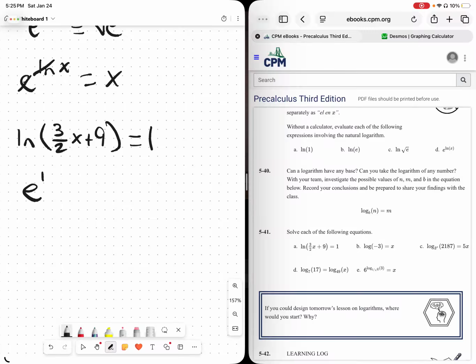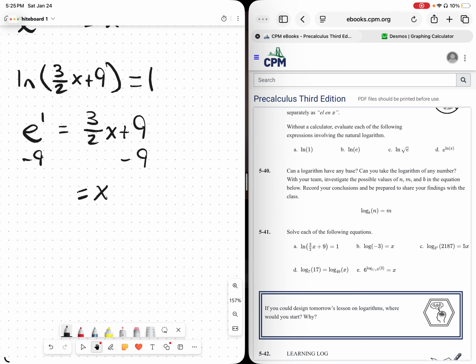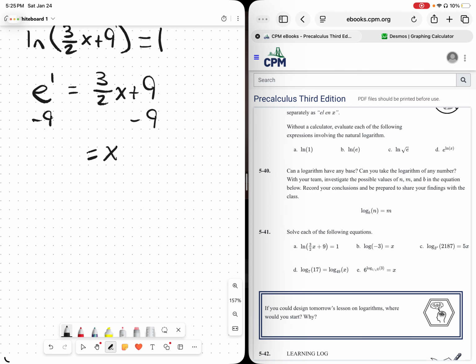So e to the first equals 3/2 x plus 9, right? And so then you're going to get decimals for all these guys. So you're going to need big calculators, but then subtract 9, multiply by the reciprocal, right? I'm going to let you guys do that in the calculator just for the sake of time, right?